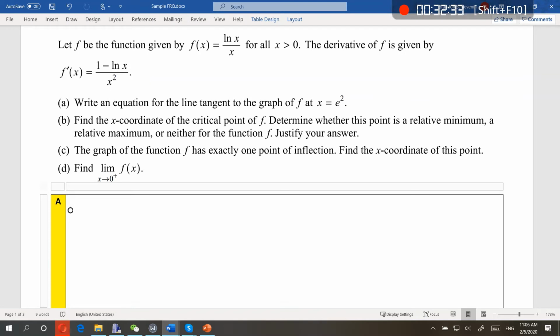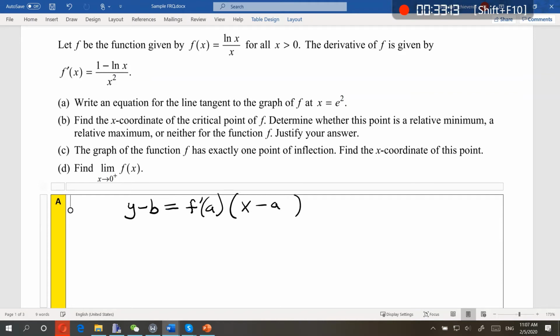What's my general form for the equation of a tangent line? y minus b equals f prime a times x minus a.